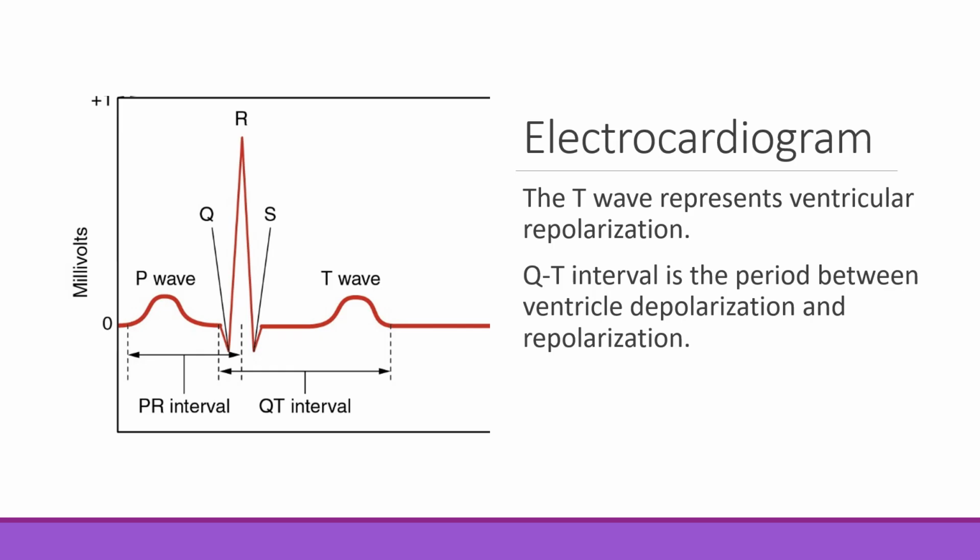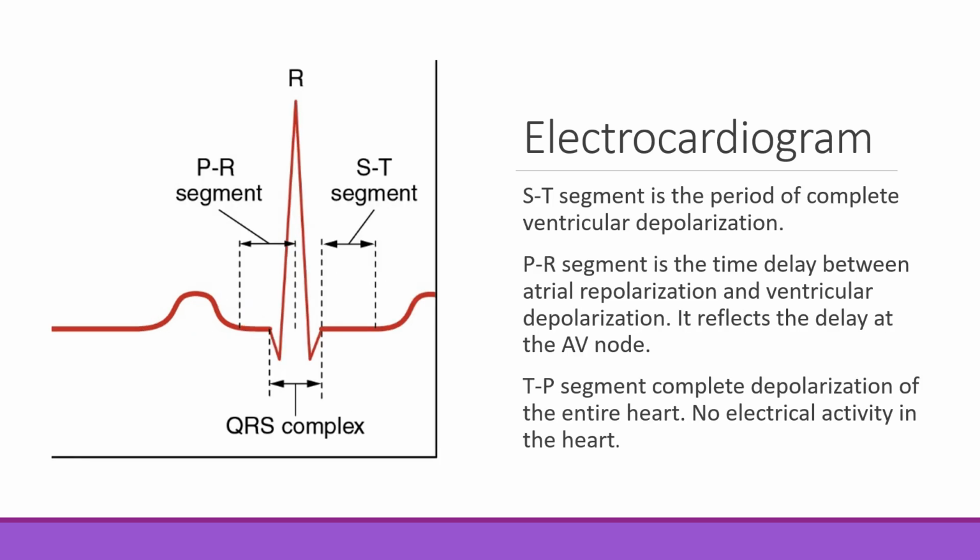The QT interval is the period between ventricular depolarization and repolarization. The ST segment is the period of complete ventricular depolarization or contraction. The PR segment is the time delay between the atrial repolarization or relaxation and ventricular depolarization, or contraction. It reflects the delay that we see at the AV node.